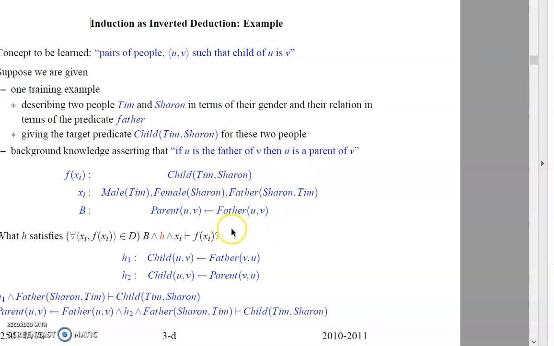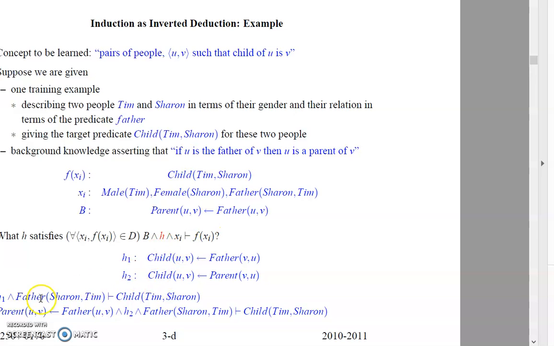Out of the several hypotheses, here we have taken two, one hypothesis which uses background information and one hypothesis which doesn't use any background information. So let us take the hypothesis H1: if v is the father of u, then child of u comma v. If v is the father of u, then u is the child of v. This is one hypothesis.